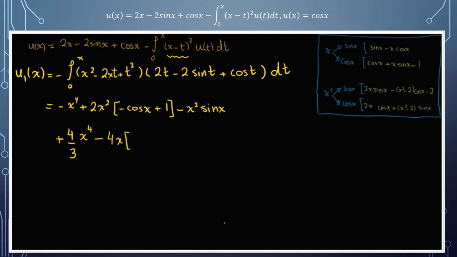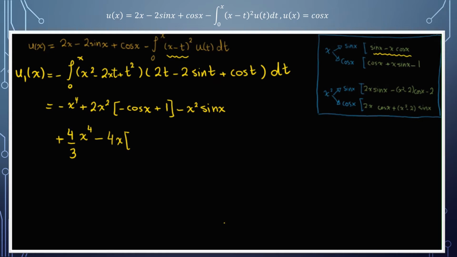And we have t sine t. The integration of t sine t I evaluated, and it will give us sine t minus t cosine t. How to read this? It's the integration of x multiplied by sine t, and this is the answer, and the integration of x multiplied by cosine t, and this is the answer.